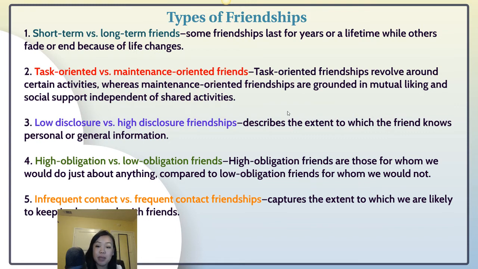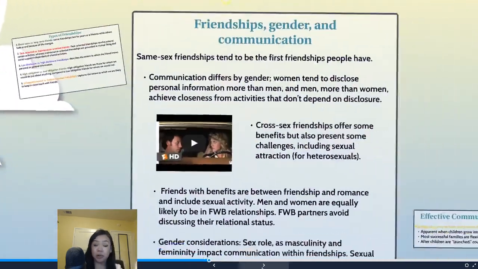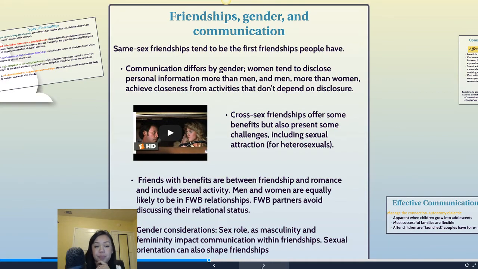And so this has been an interesting way to watch how different types of friendships develop in their definition over time, because before, if you had an infrequent contact friendship, typically what that meant was the person moved away or they were too far to have regular everyday communication with. And now, because of social media, you can, right? One of your friends could move to China and you could still talk to them every single day using social media, using texting, all of that. It's really cool to think about how our technology has really reduced that need for proximity.